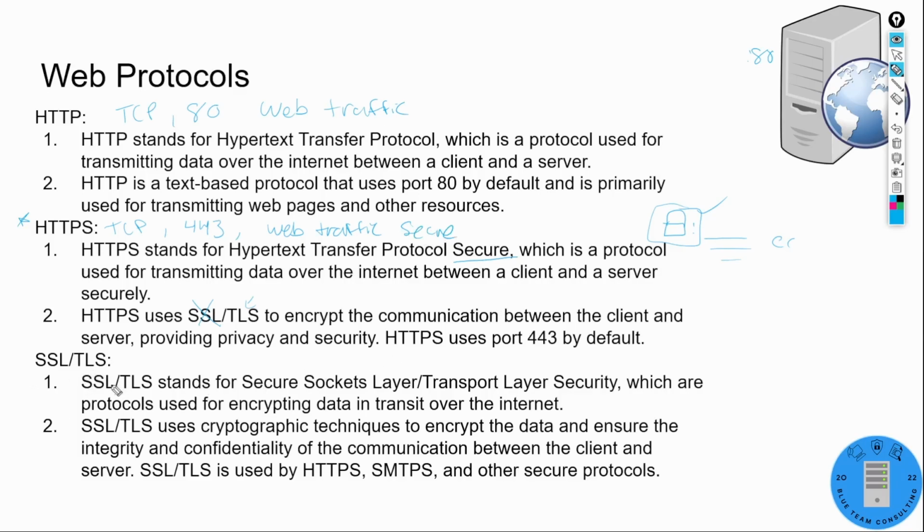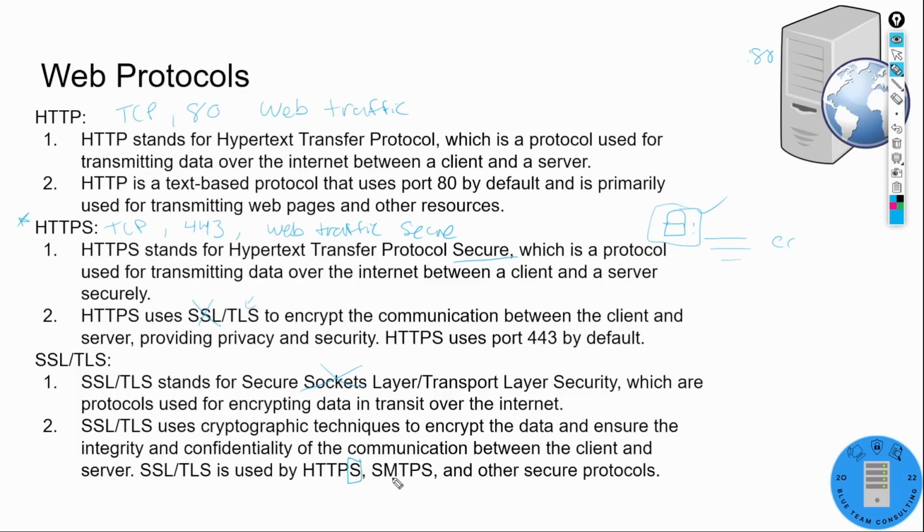Again, touching on SSL, TLS stands for Secure Socket Layer or Transport Layer Security. We don't really say SSL anymore, and it's used for encrypting data in transit over the internet. It's using a form of cryptographic techniques, mathematical algorithms, to ensure the integrity and confidentiality of the communication between the client and server. And it's used most commonly by any protocol that has an S afterwards.